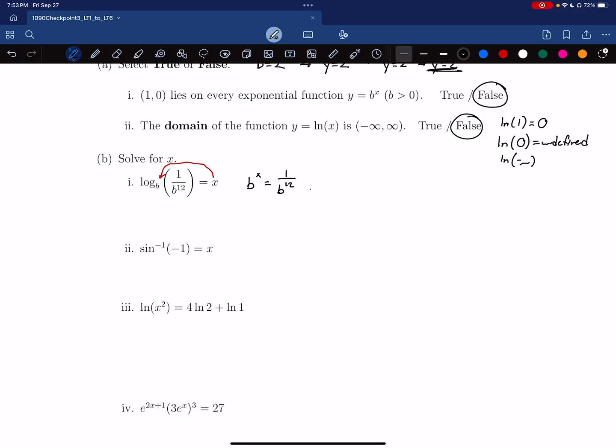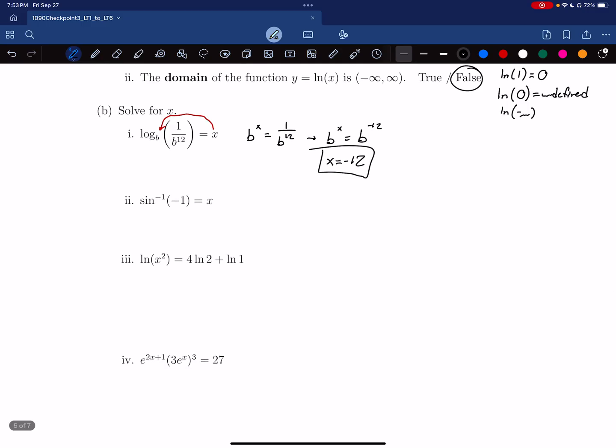Now getting this on the same level, we'd have b to the x is equal to b to the negative 12th. Now we can pretty clearly see that x is just going to be equal to negative 12, just from inspection.